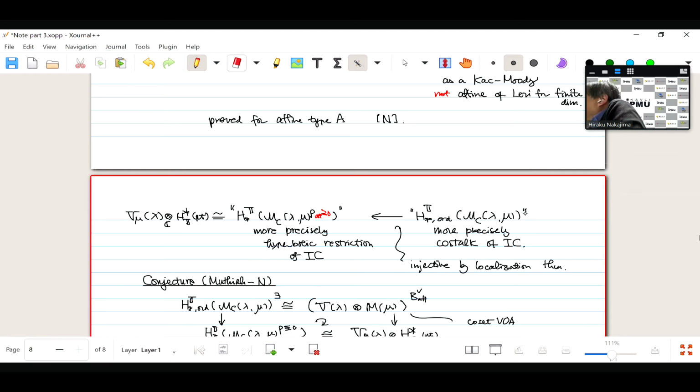And then you have a homomorphism from this costalk to the hyperbolic restriction. And by analogy with the localization theorem for intersection homology, this becomes an isomorphism if I tensor with the fraction field of equivariant homology of a point. And in particular, for the equivariant homology, this is injective. So this is a sub-algebra.